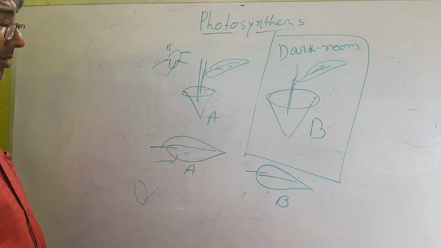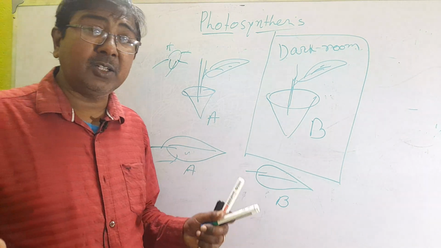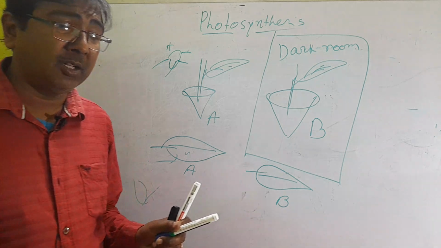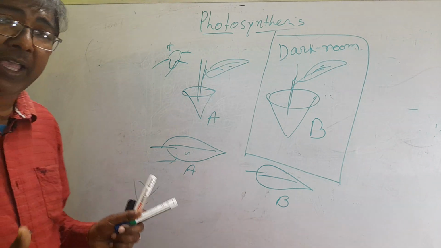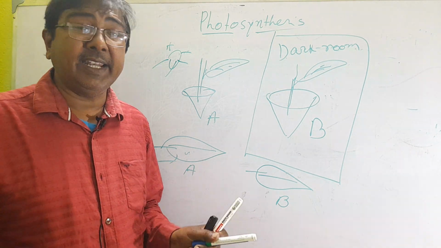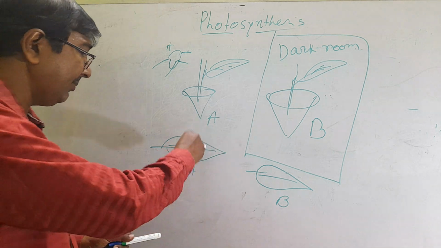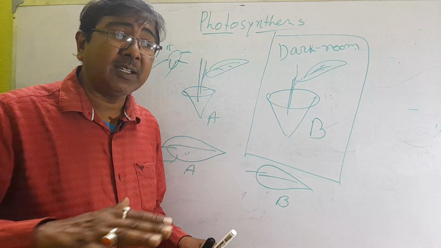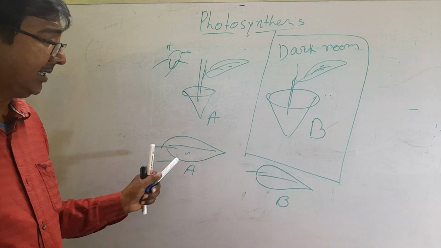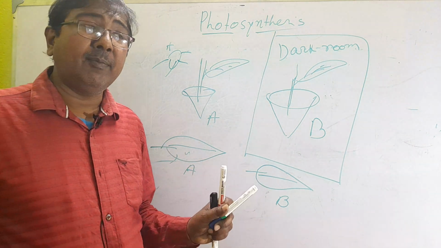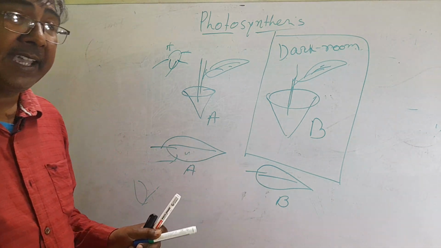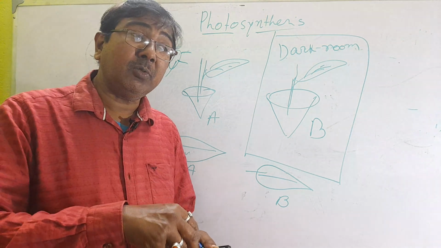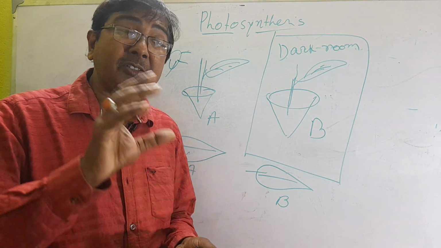B, both leaves, first we have to boil with alcohol water. Then we add some methylated spirit for removing the chlorophyll. Chlorophyll is removed. But this leaf is again boiled with water. Why? For softening the leaf.